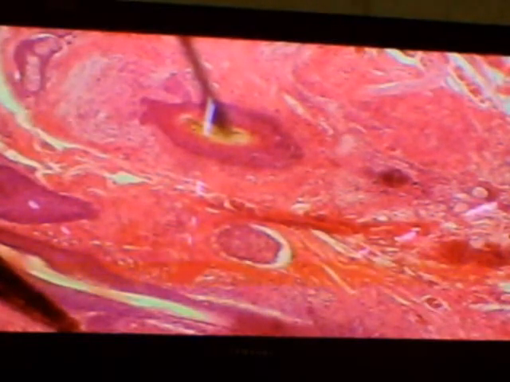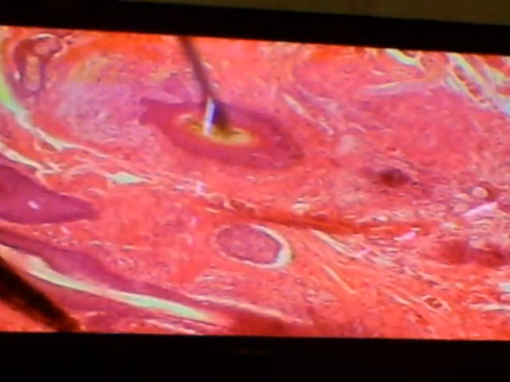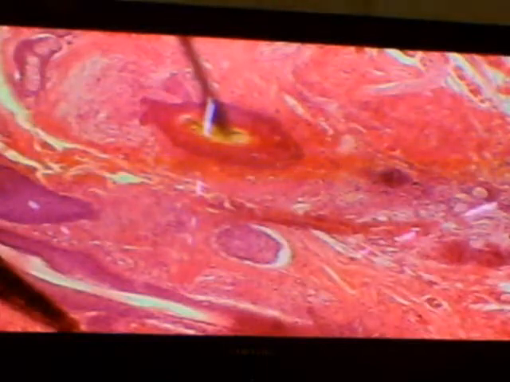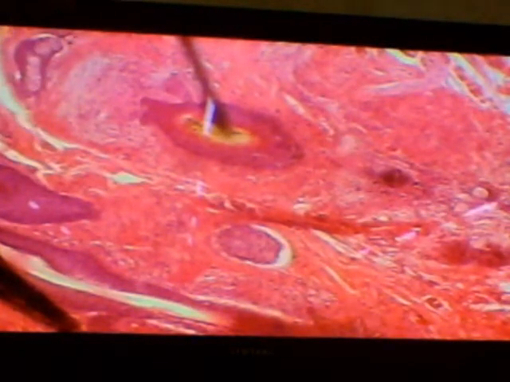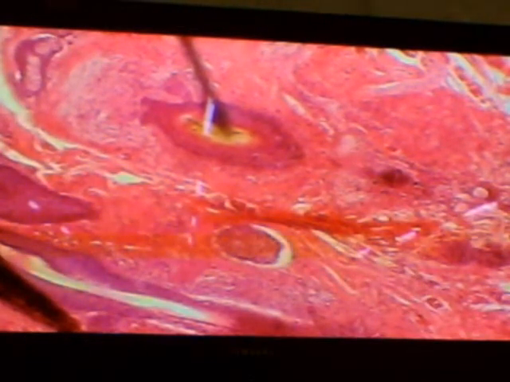And the center of a hair is called the medulla, and it usually is like a hollow and tends not to be deeply pigmented.